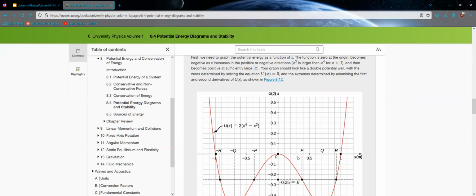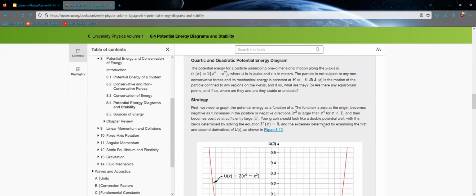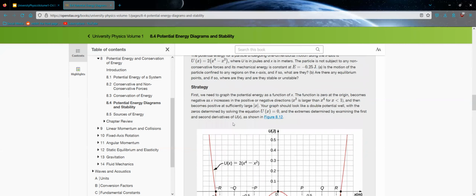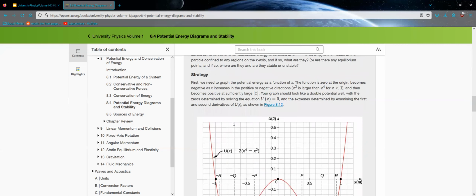The x-axis is position in meters. The function is 0 at the origin, becomes negative as x increases in the positive or negative directions, because x squared is larger than x to the 4th when x is less than 1, and then becomes positive when you have a sufficiently large absolute value of x.